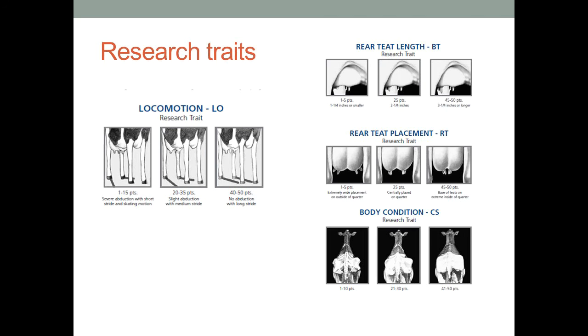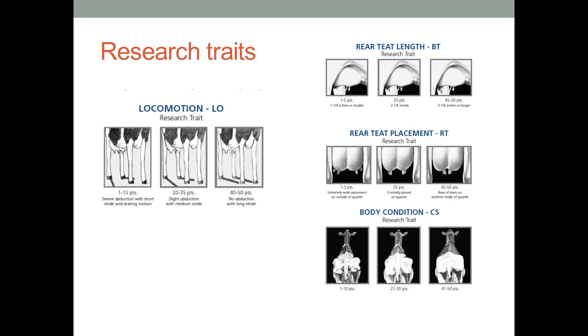This is kind of the great example of why linear scoring is useful. We can start with an objective measurement, and we can let the cows tell us which end of the range is desirable. We're doing the same thing with rear teat length, rear teat placement, and body condition score.